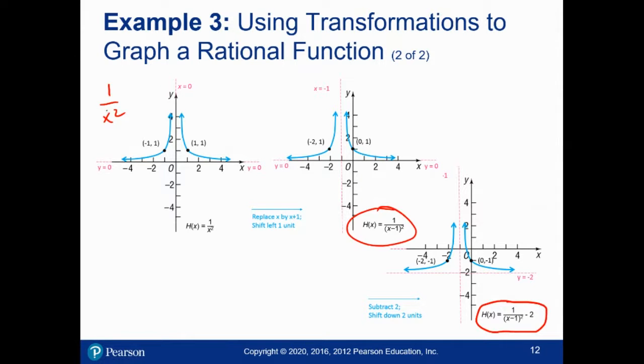And observe, the original graph, 1 over x squared, had this forbidden value of x equals 0. When we shift it 1 unit to the left, now our forbidden value is x equals -1, which is wrong. Good job, book. This should have been shifted to the right.